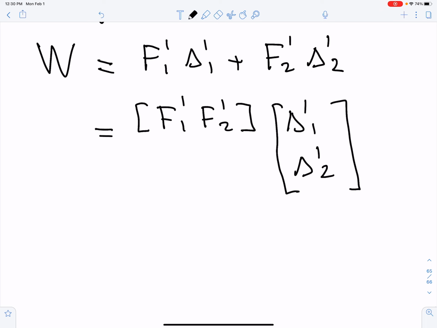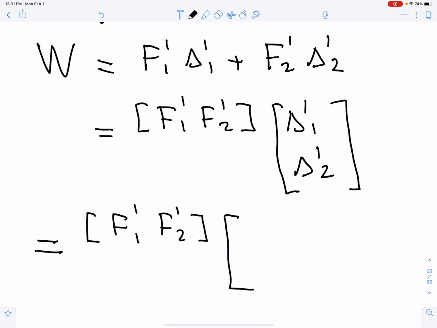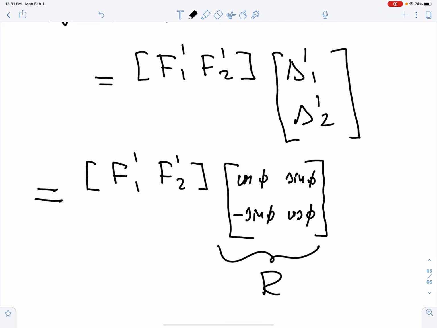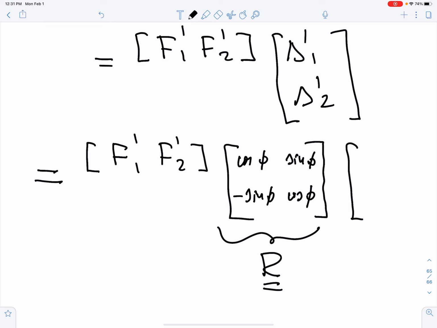What's next? Now let's use the expression that relates local and global displacement. F prime 1, F prime 2, times, this is our rotation matrix, cosine phi, sine phi, minus sine phi, cosine phi, this is our R, times delta 1 and delta 2.